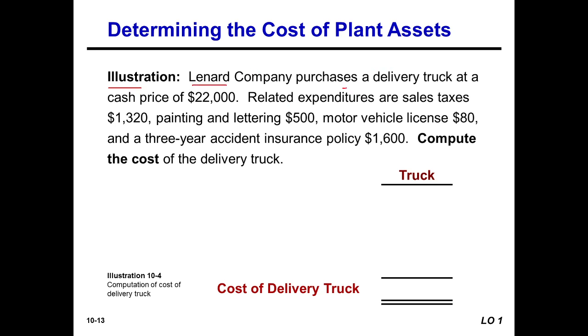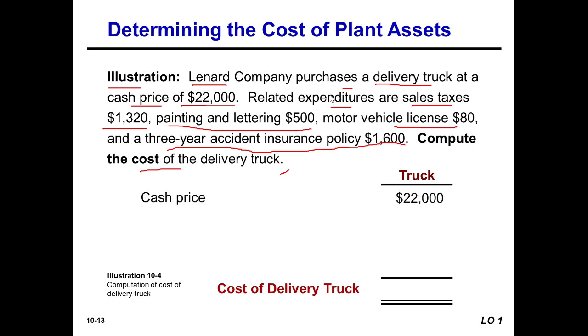Leonard Company purchases a delivery truck at a cash price of $22,000. Related expenditures are sales tax $1,320, painting and lettering $500, motor vehicle license $80, and a 3-year accident insurance policy $1,600. Compute the cost of the delivery truck.